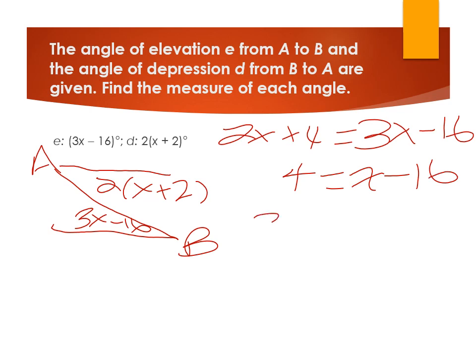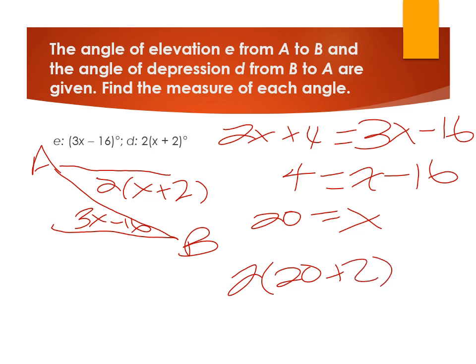If I add 16 to both sides, I get 20 equals x. And I'm looking for the angle measurement. They're going to be the same, so I just need to find one. So 2 times 20 plus 2, or 2 times 22, is 44 degrees. So that angle measure is 44 degrees.